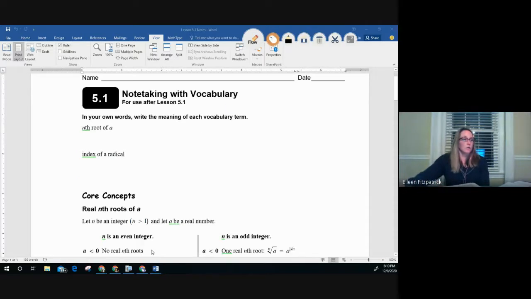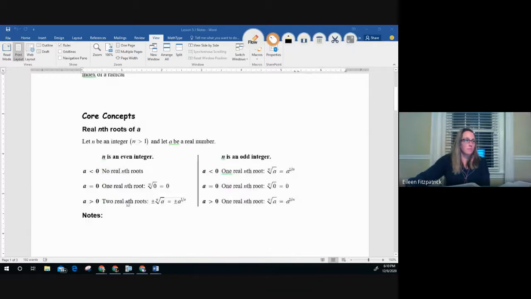Right, the core concepts. It says, let n be an integer, n is greater than 1, and let a be a real number. If n is an even integer and a is less than 0, there are no real nth roots. If a is equal to 0, there is one real nth root. If a is greater than 0, there are going to be 2 real nth roots.